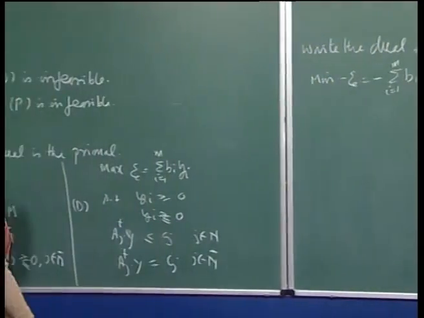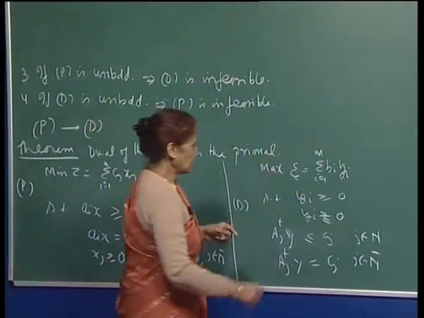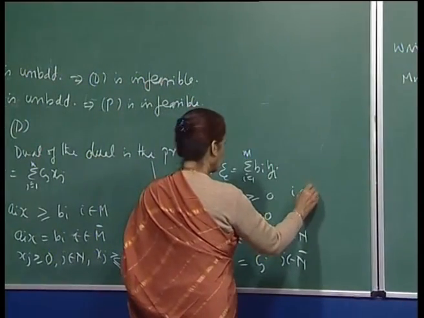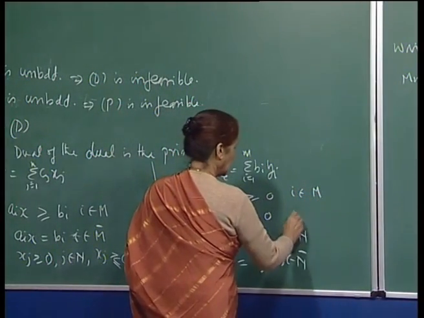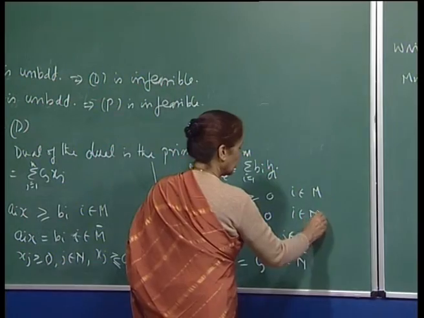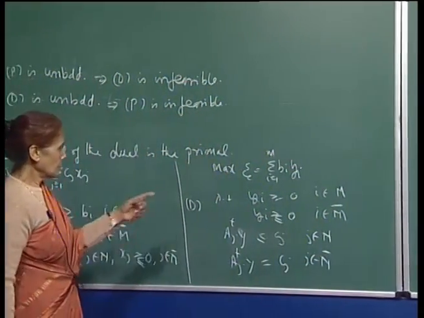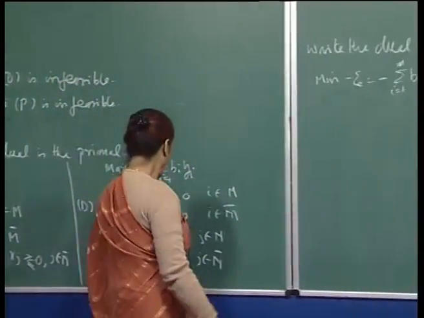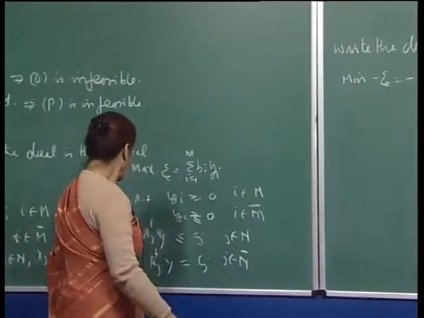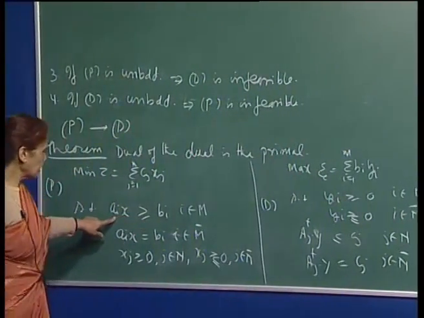and of course the same conditions, except that I should have said here i belonging to M and here i belonging to M bar. Okay. So, those remain the same. So, let me write this first. Now, here remember your constraints are greater than or equal.